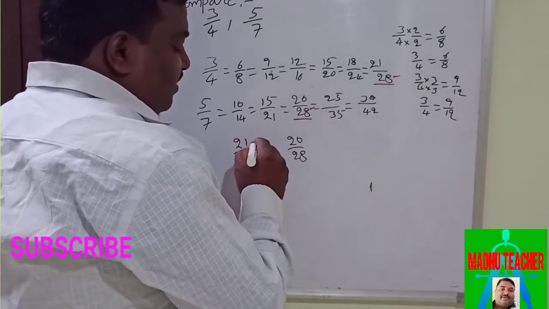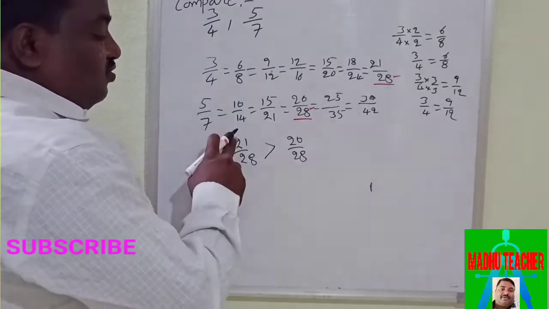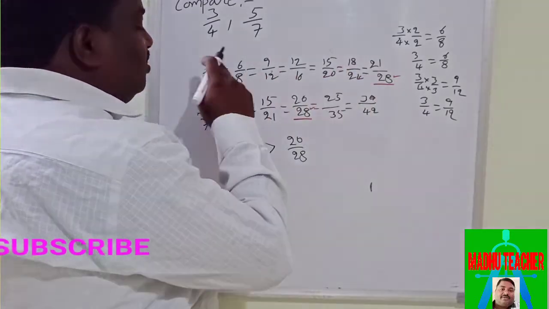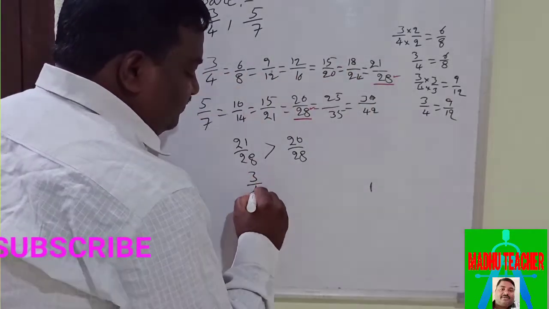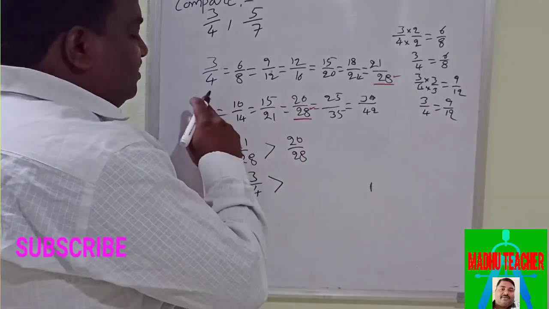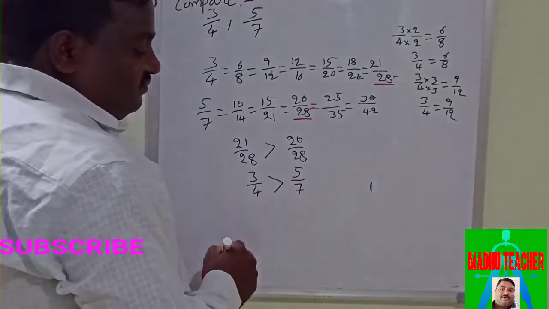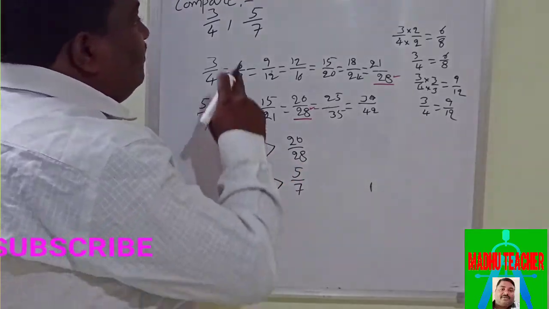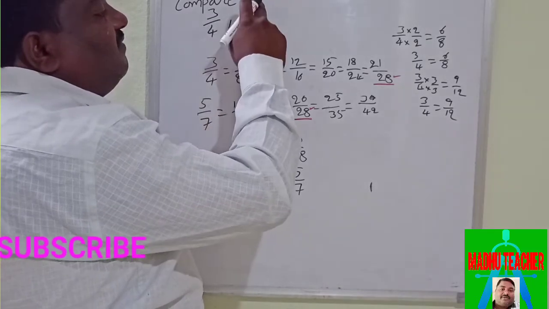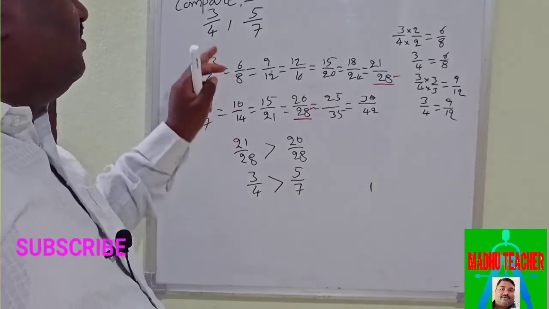Therefore 21 by 28 is greater than 20 by 28. So 21 by 28, equivalent to 3 by 4, is greater than 20 by 28, equivalent to 5 by 7. So 3 by 4 is greater than 5 by 7. So 3 by 4 is the greater fraction.